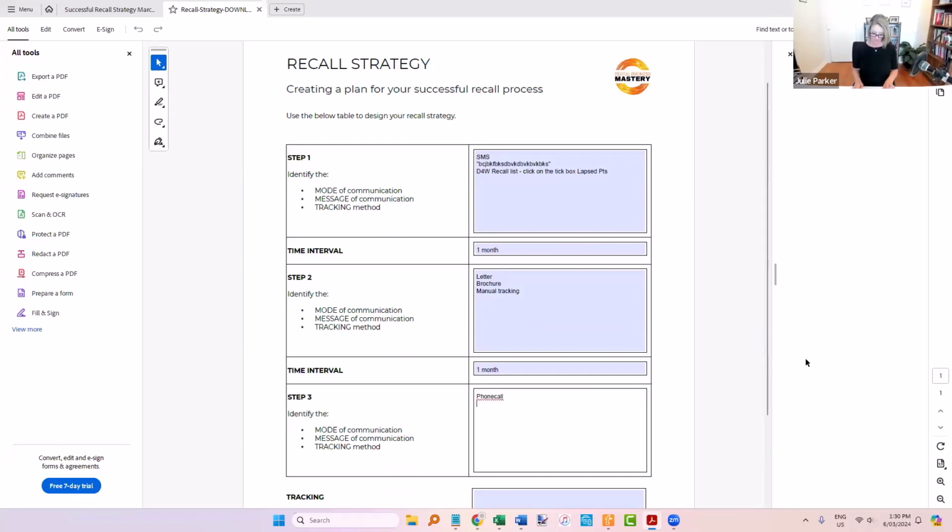And the message will be, wanted to make sure that our address details are correct for you because you didn't respond to our recall reminder. Maybe you wanted to make sure that you give them a little incentive. I know it's been a little while since you were last in. We've got a little special offer at the moment where you get 10% off, or whatever the message ends up being. It could just be making sure that, I know it's been 2 years since your last recall appointment time. What about booking in now?